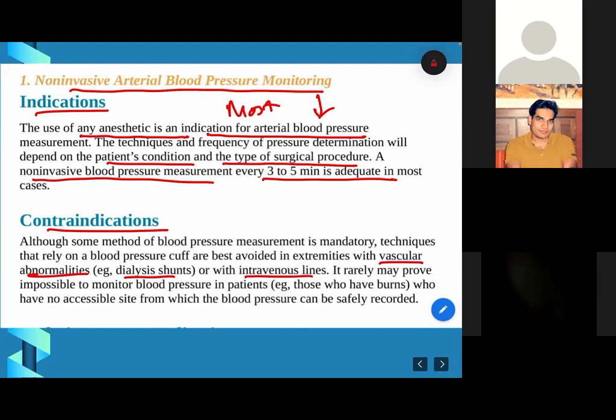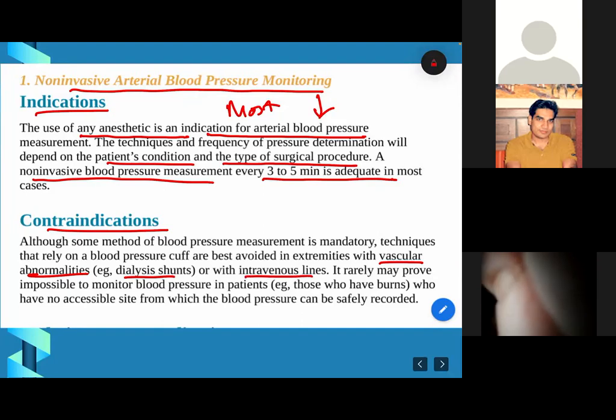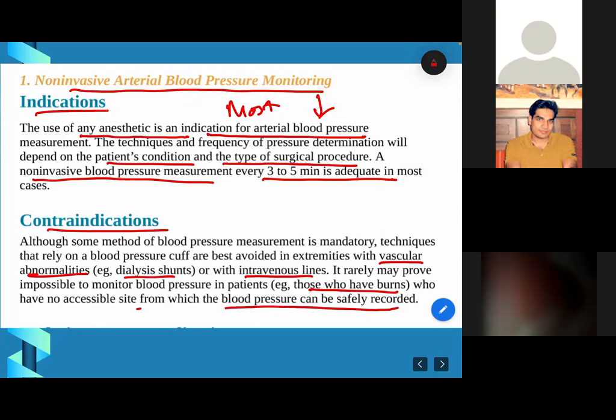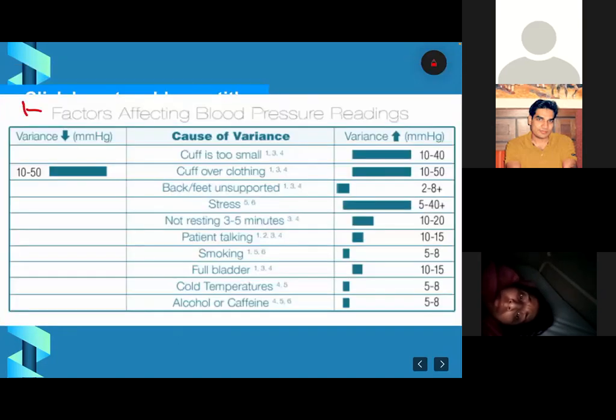And then burns: patients who have no accessible site for blood pressure monitoring can be safely recorded by non-invasive blood pressure monitoring.